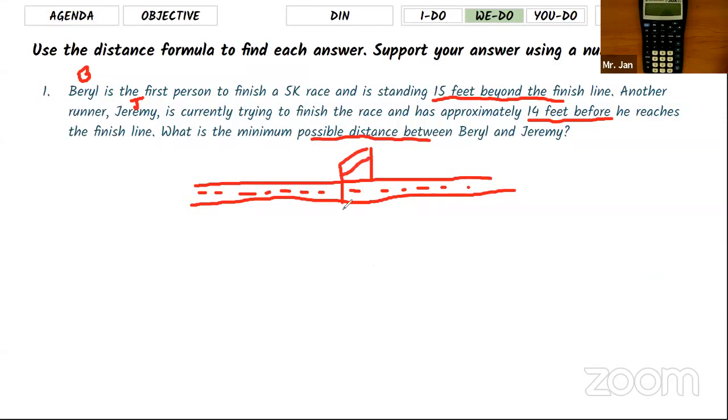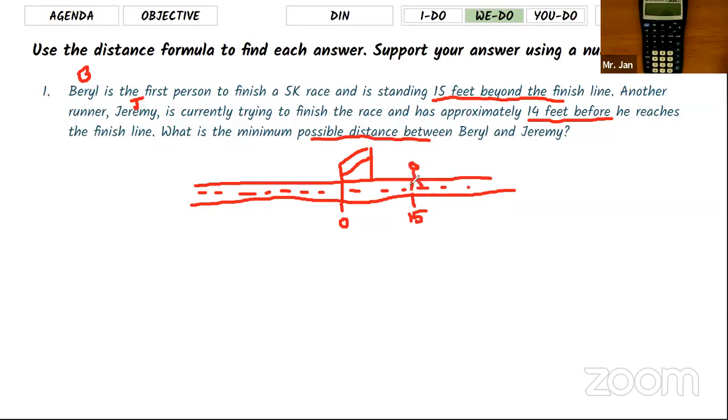Your finish line will be your 0. The first person, Beryl, finished the race and is 15 feet beyond, on the positive side, on the right side. So this is B. Let me draw that Beryl.